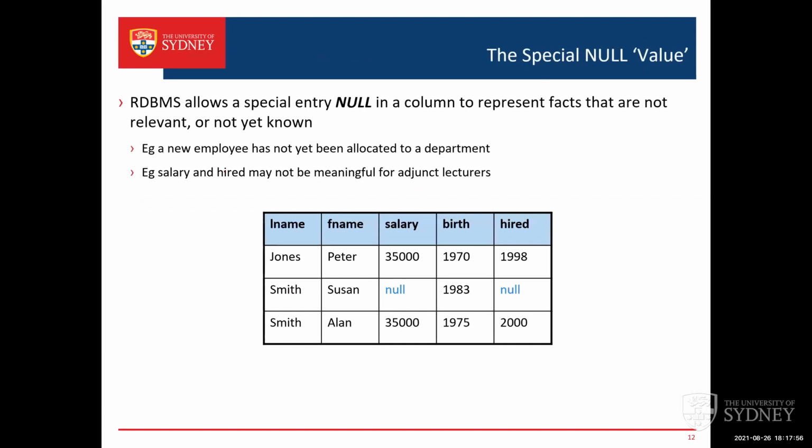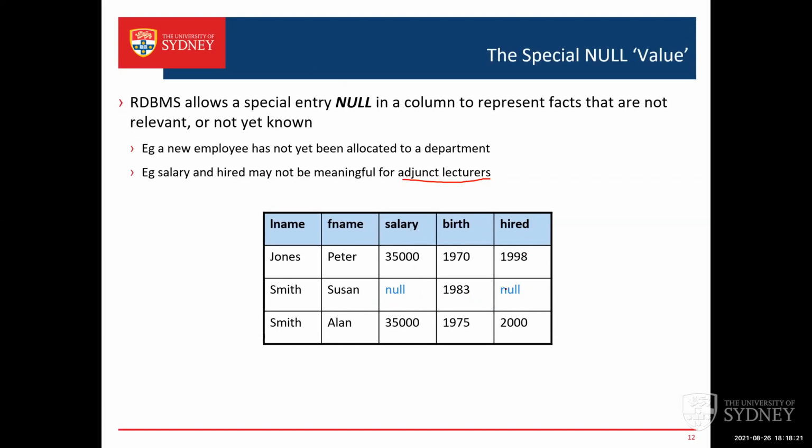Let's say this person is an adjunct lecturer, right? So adjunct lecturer simply means like a voluntary lecturer, right? So he doesn't get any salary. He has no hiring date. Whenever he wants, he starts, he takes how many courses he wants, right? So for that person, this salary and this hire date, these two are null, right? So there will be no information there.